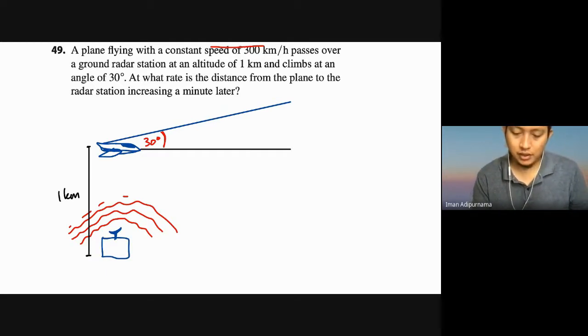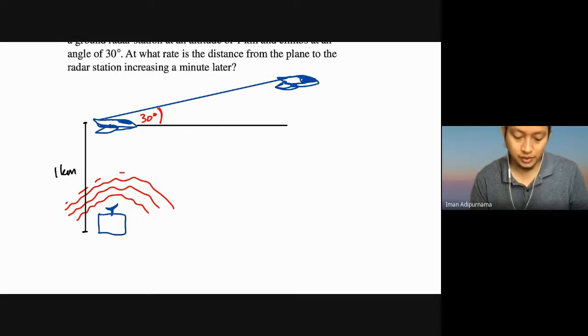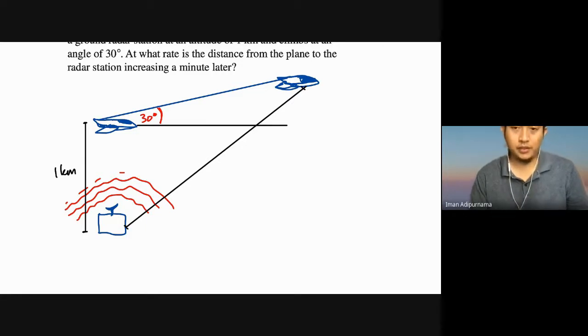So the plane will be here, moving to here. This will be the plane. And then at what rate does the distance between the plane and the radar change? The distance is from here to here. That's the distance.